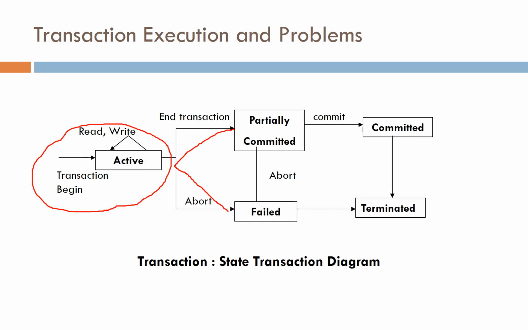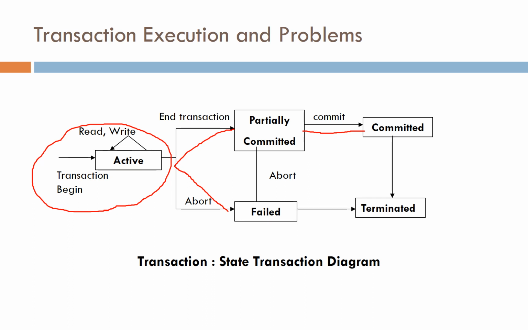If the transaction ends partially, then it goes to the partially committed state. That means whatever changes are done in the database during the operation are partially committed in the buffer area, and again it moves ahead to the commit operation and the state of committed.